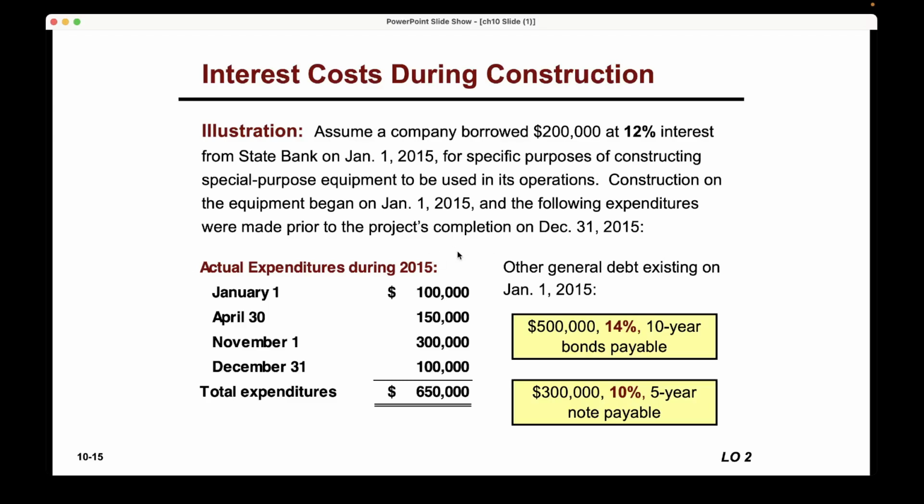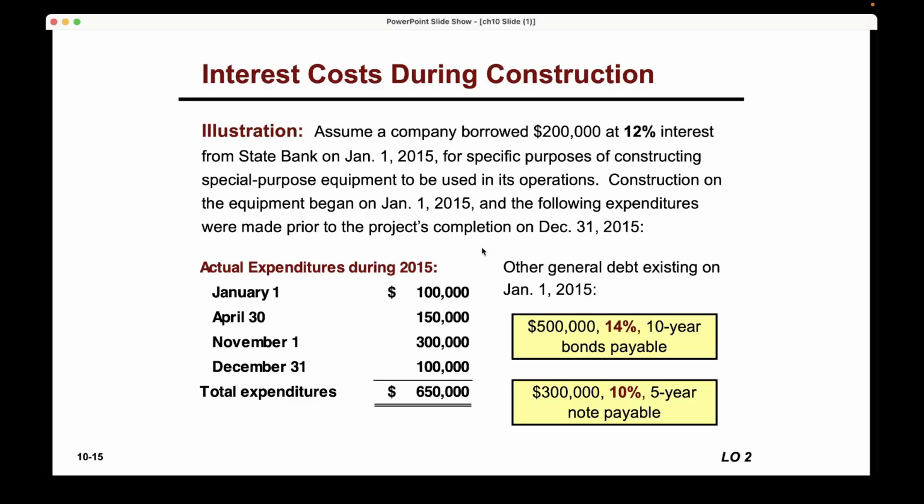During 2015, the company made the following expenditures to construct the project. So we have 4 expenditures during 2015, in January, April, November, and December. We need all these figures to calculate what we call weighted average expenditures later on.